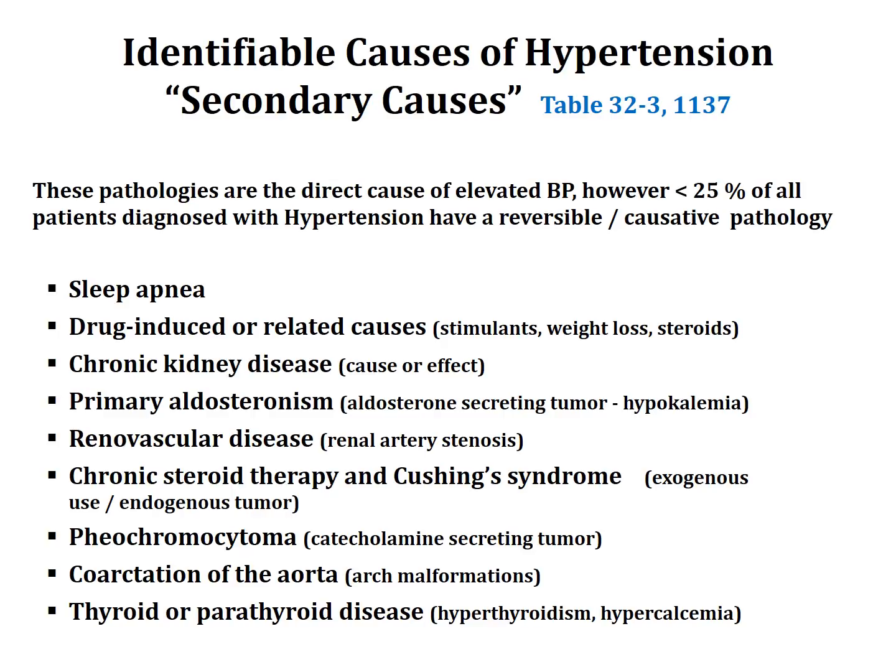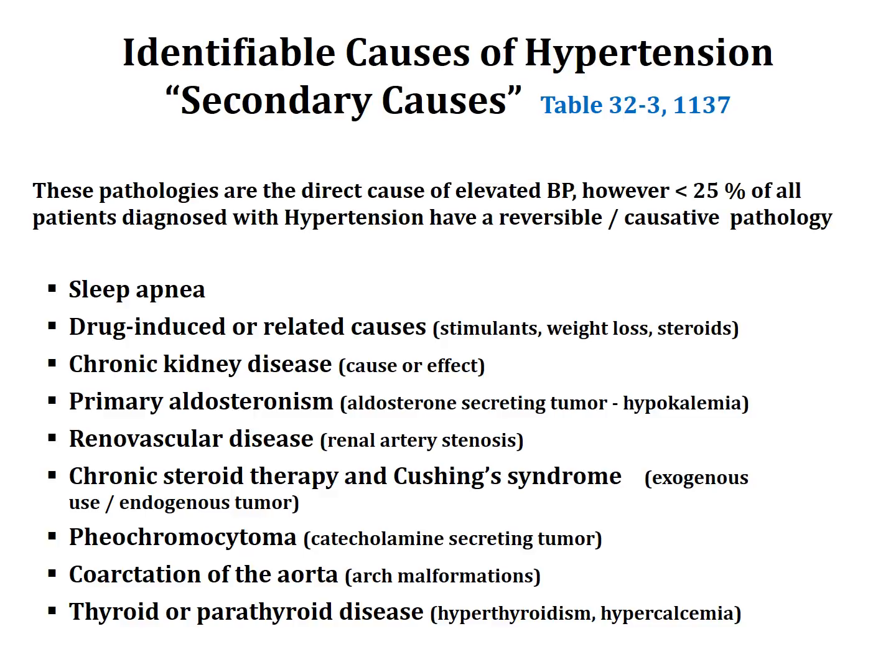Here are some causes of secondary hypertension: sleep apnea, use of drugs, particularly stimulants and steroids, kidney disease, aldosterone-secreting tumor, renal vascular disease such as renal artery stenosis, individuals who are taking excessive glucocorticoid steroids because of the drug regimen, such as prednisone, or maybe they have an ACTH or cortisol secreting tumor leading to Cushing's syndrome.